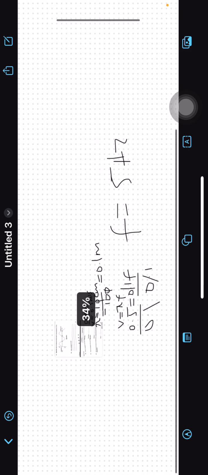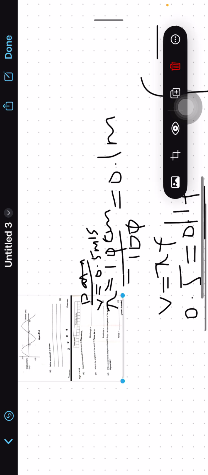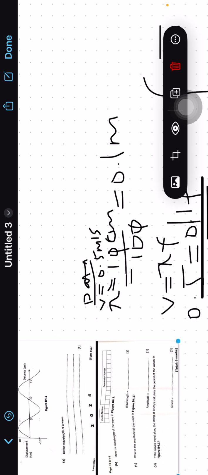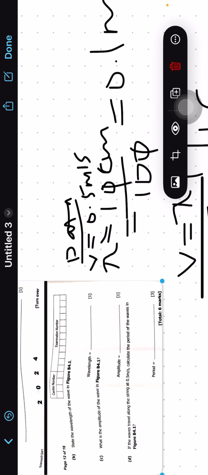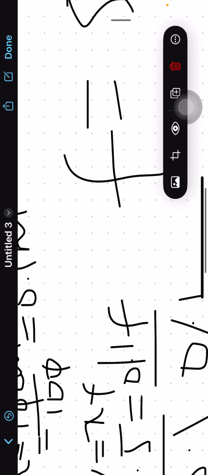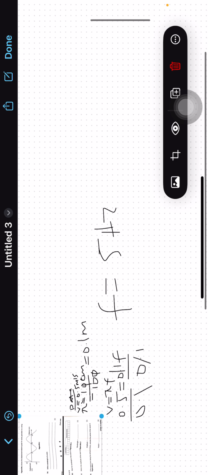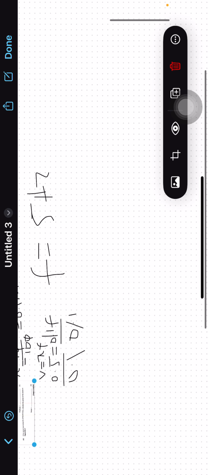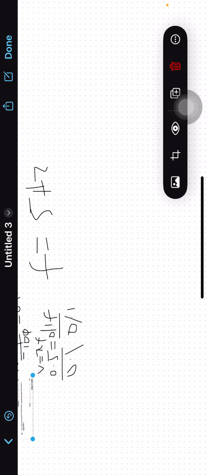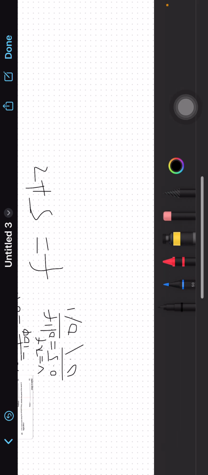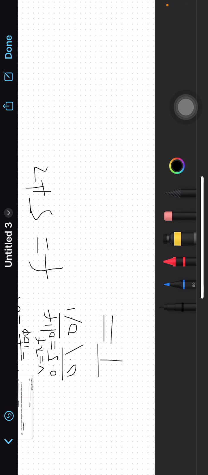So after doing that, ladies and gentlemen, we can now use this formula to calculate the period, because what they have asked us to do is to calculate the period. So we can use this formula: period of a wave is equal to 1 over frequency.